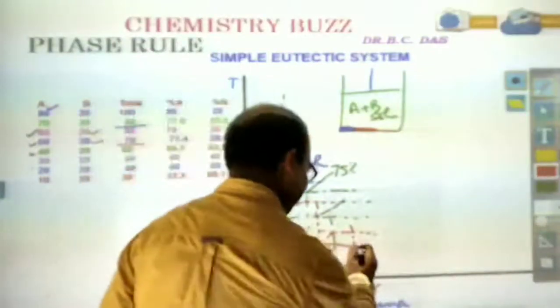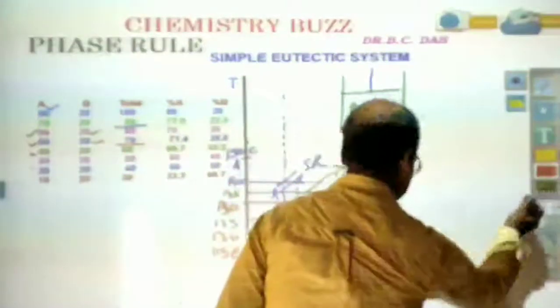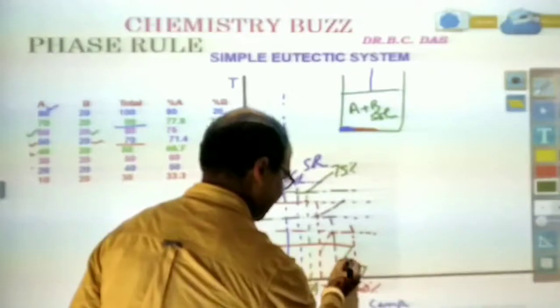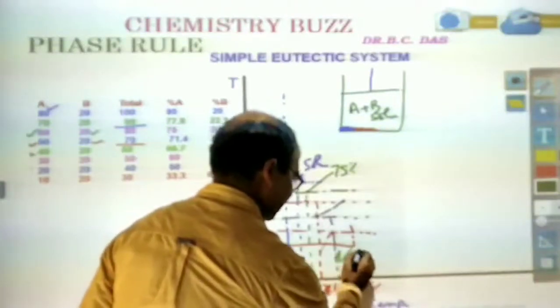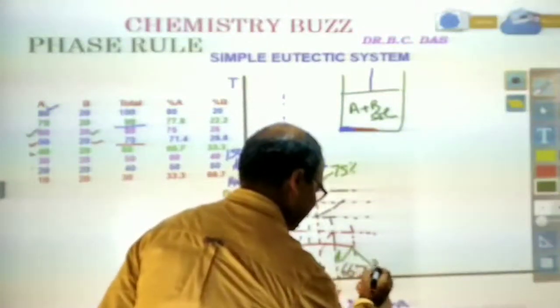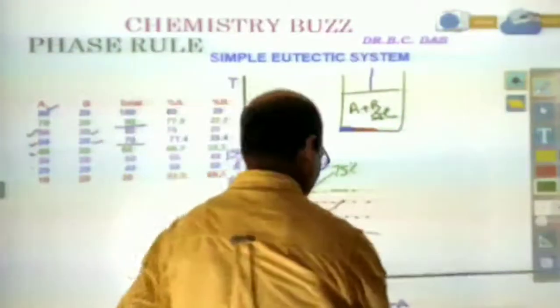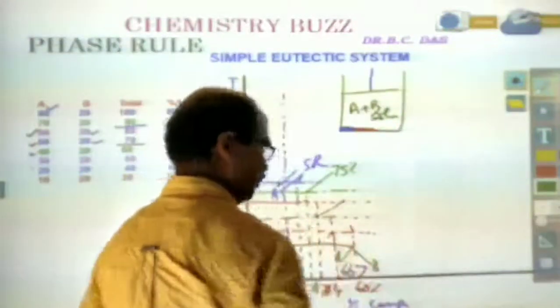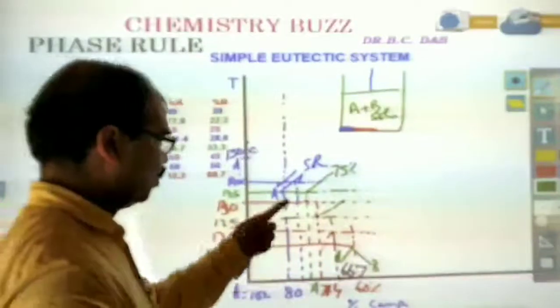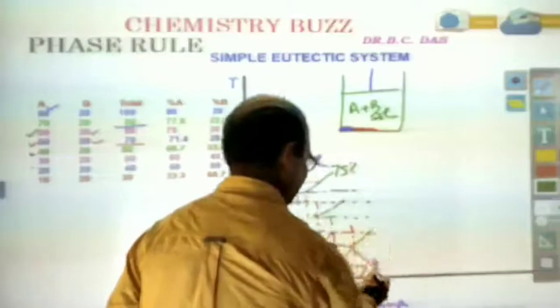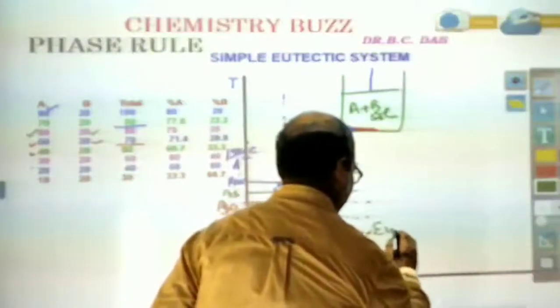And at this point, what happens? In addition to the separation of A, some amount of B starts separating. So when both A and B are solidified out of the solution, this is called the eutectic point.